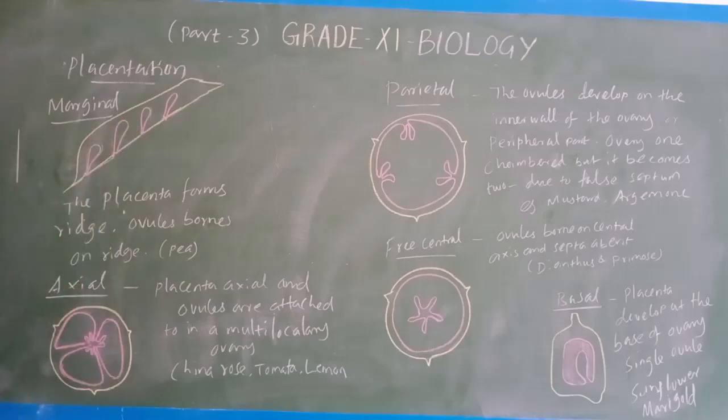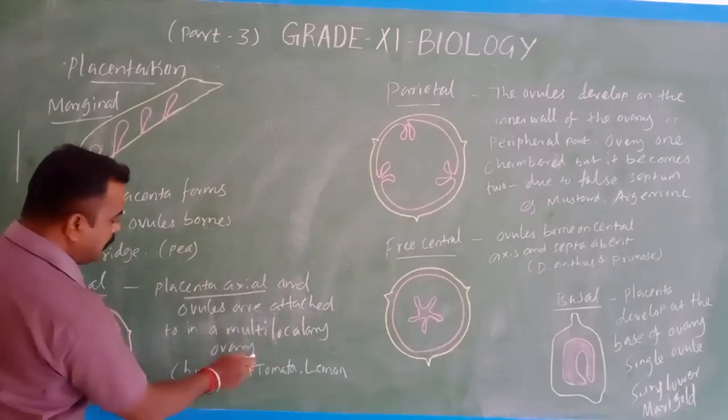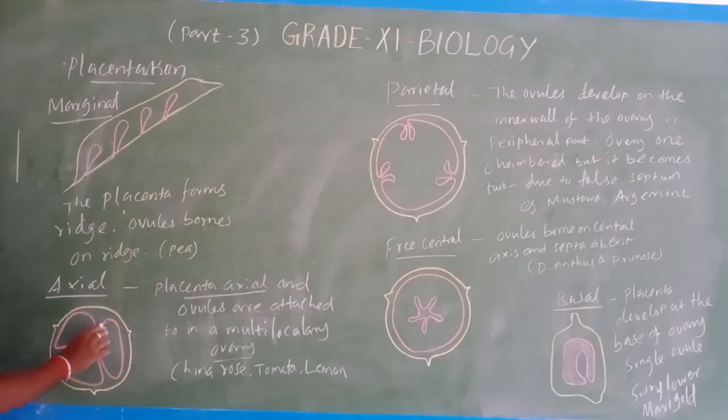The next one, axial. The placenta is axial and the ovules are attached in a multilocular ovary. Here we have 1, 2, 3 chambers, more than one, so it is a multilocular ovary.